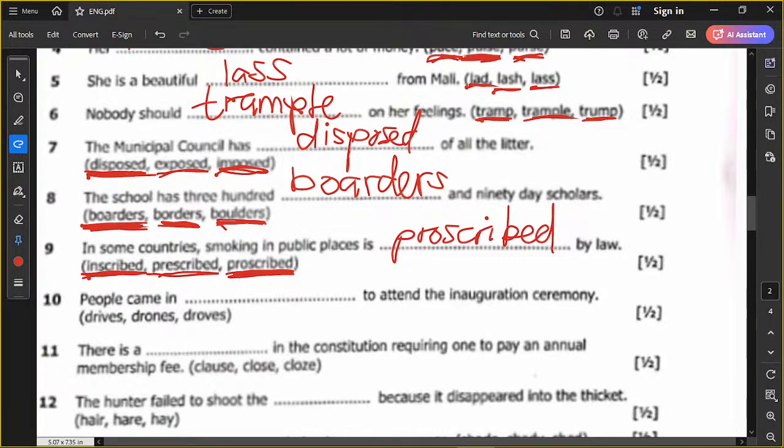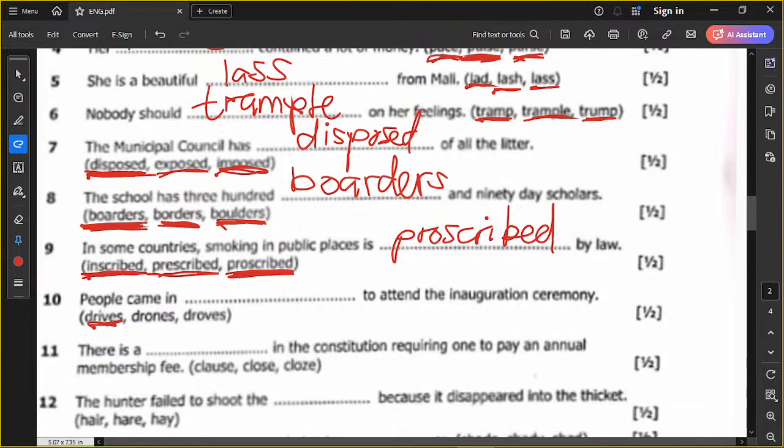Question 10. People come in dash to attend the inauguration ceremony. So the words that we need to look at is one, droves. Come in drives, no, doesn't make sense.